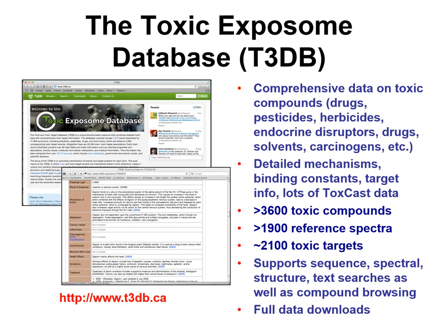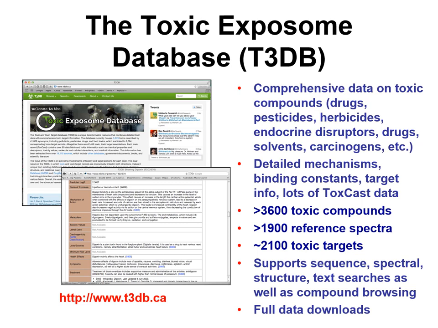Another database that we've maintained is the Toxic Exposome database. This is to help with exposure studies, and it's to collect information about things like pesticides and herbicides and other additives, solvents, carcinogens, drugs that are known to be toxic, information that we've gathered from the ToxCast studies by the EPA.